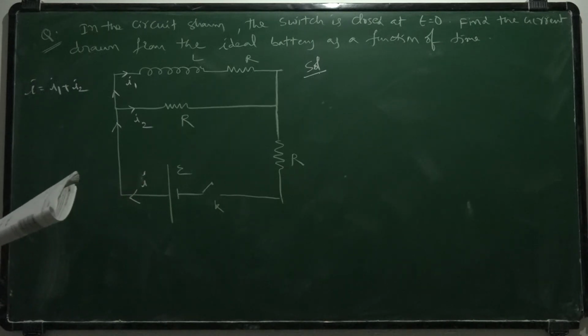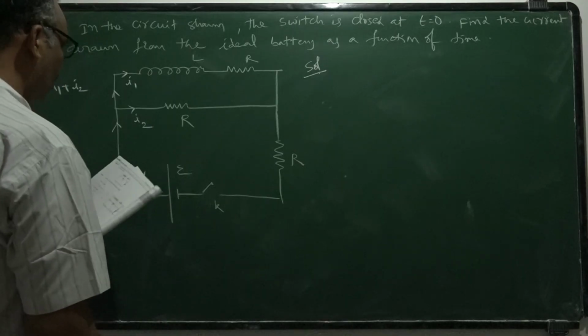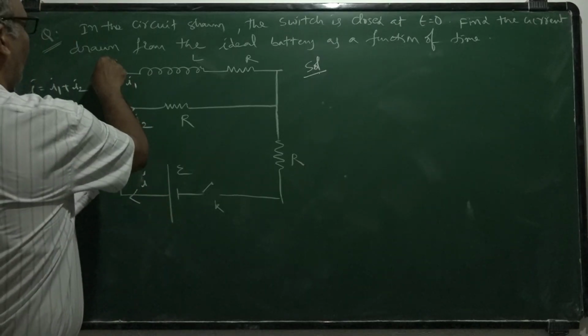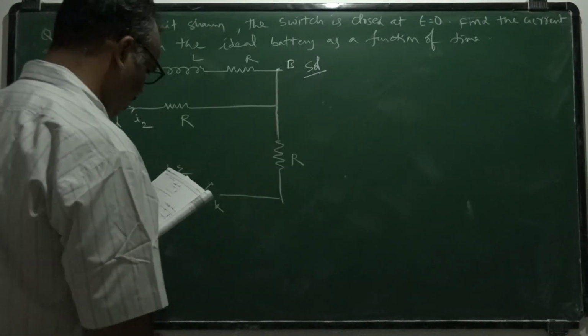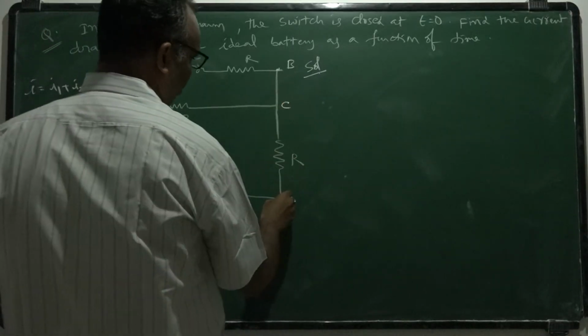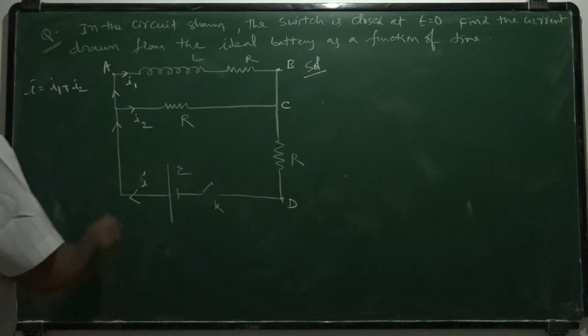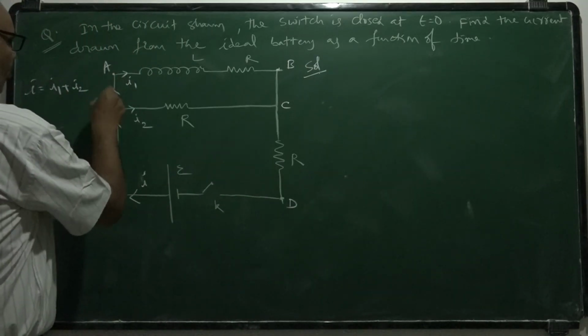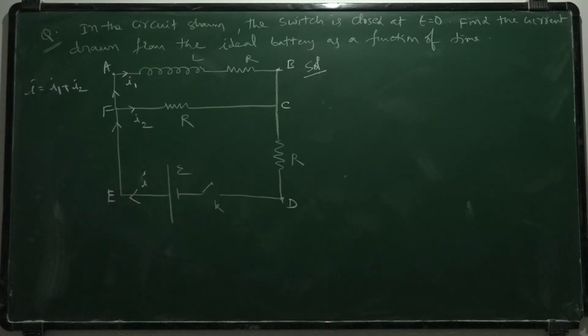Kirchhoff voltage law, before applying Kirchhoff voltage law, let me name the terminals of the circuit as A, B, C, D, E, F, A. These are the terminals of the circuit.